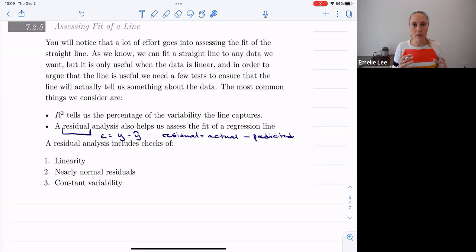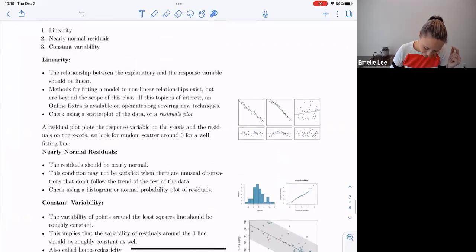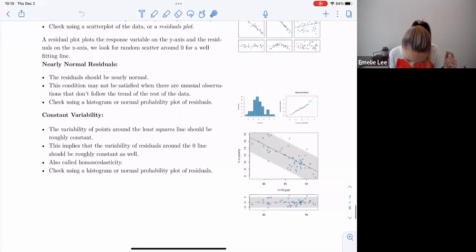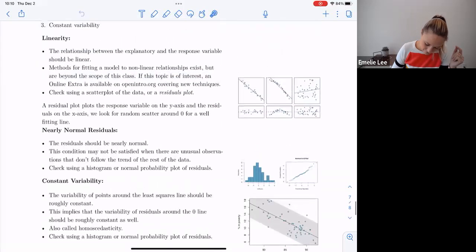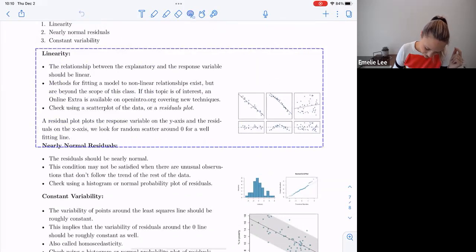Now, the reason for that is because if we have non-constant variability, and I'll show you, maybe I'll bring in the example right now. Let's bring in this.